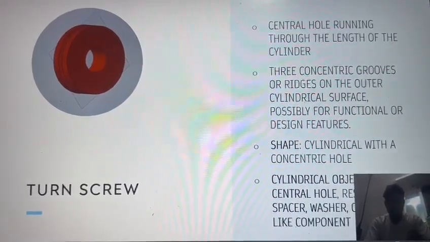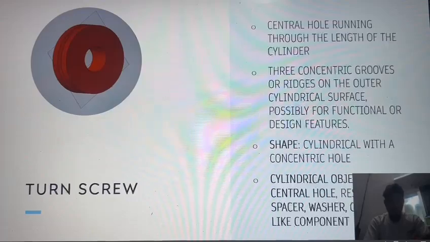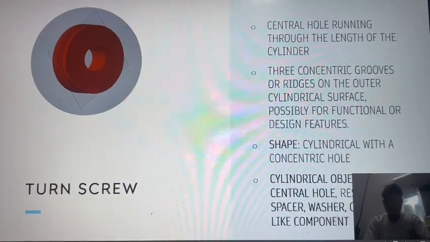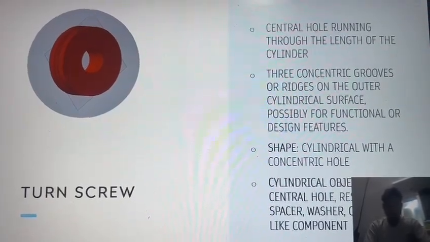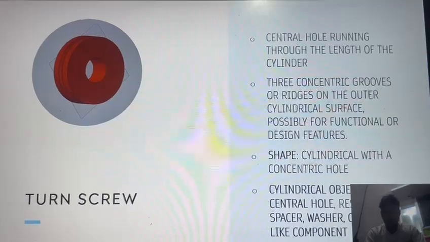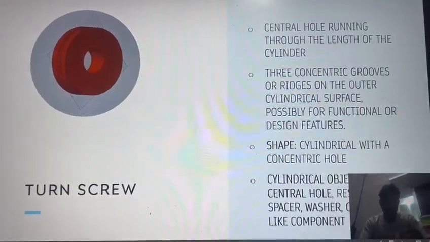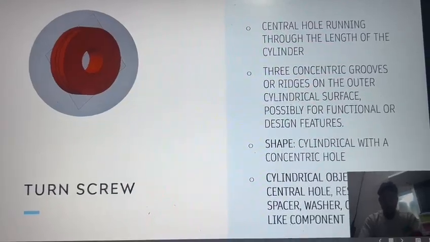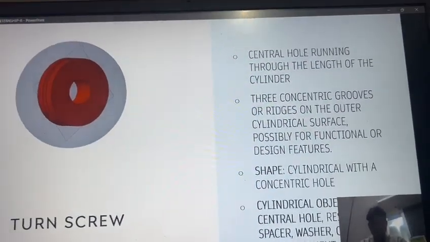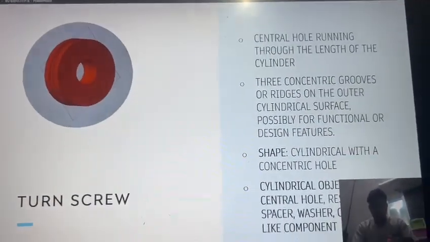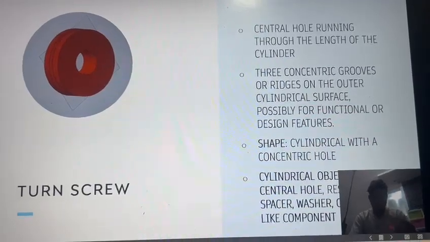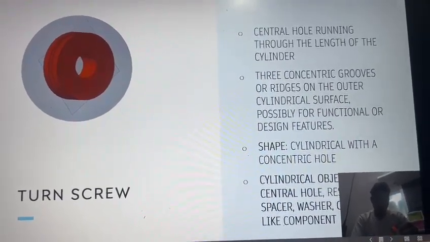Shape: cylindrical with a concentric hole. It can be used in this part. A cylindrical object with a central hole, like a design spacer or washer, will be fixed in this part as a small component.